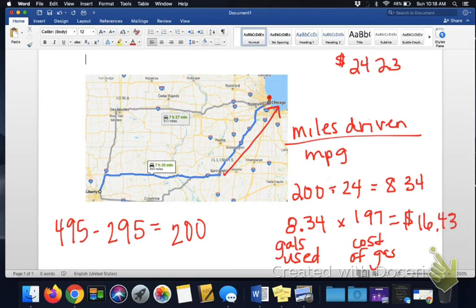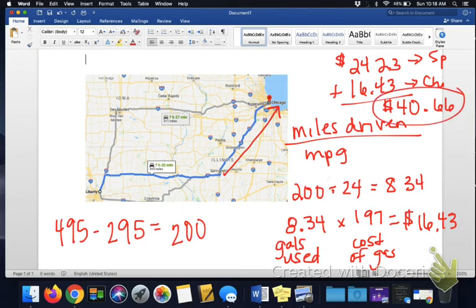I had to round to the nearest hundredth. So I'm going to take $16.43 and add it to the $24.23 total, because I stopped and got gas in Springfield, and I got gas in Chicago to fill up. So I'm going to add those two values together, and I get that the cost to drive from Liberty, Missouri to Chicago is going to be about $40.66.